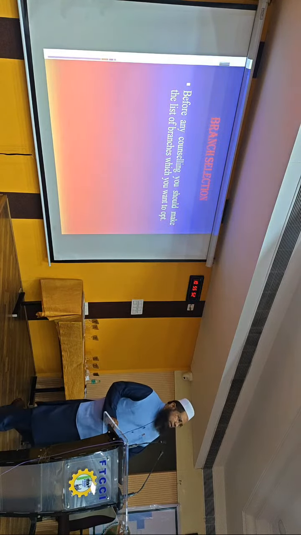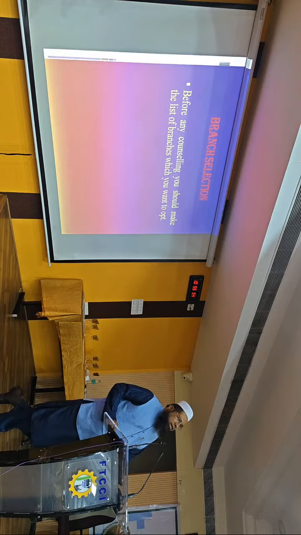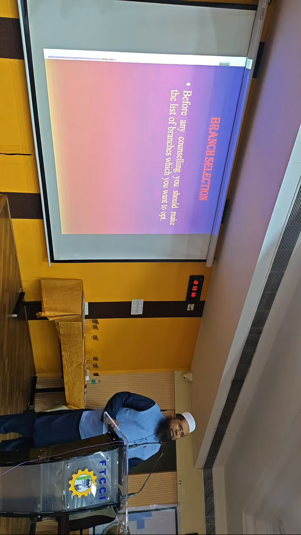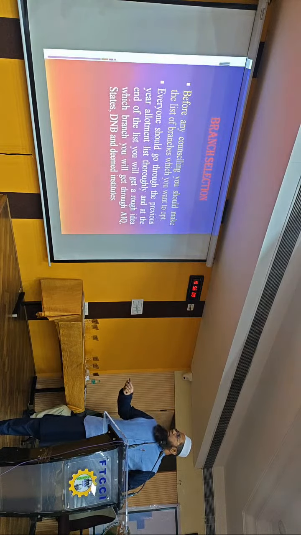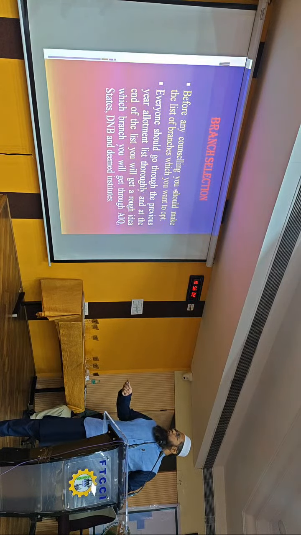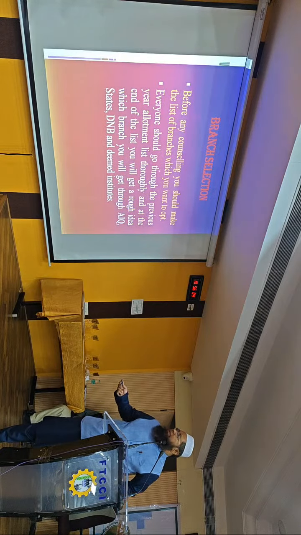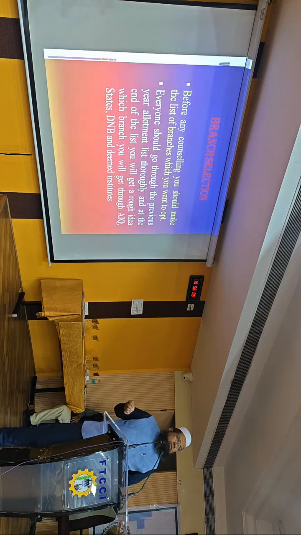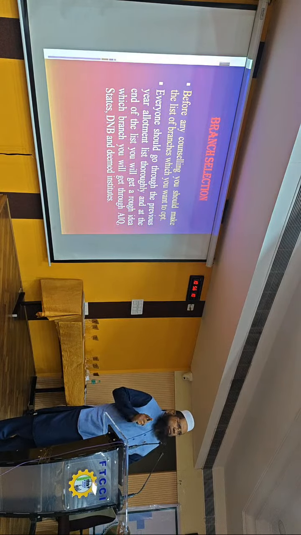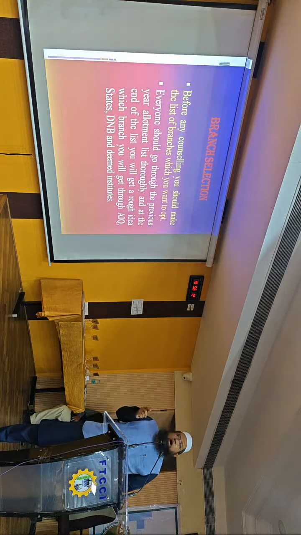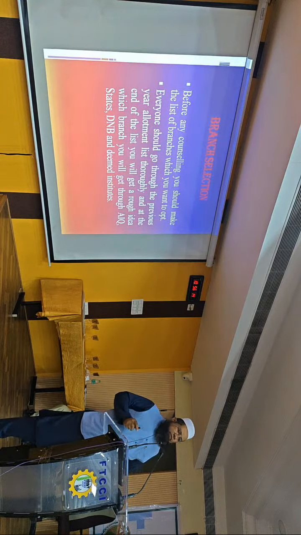So before starting any counseling, you should first make the list of branches which you want to opt. So the first thing is branch selection. You have to first select your branch. How to go about it? There is a procedure for that.